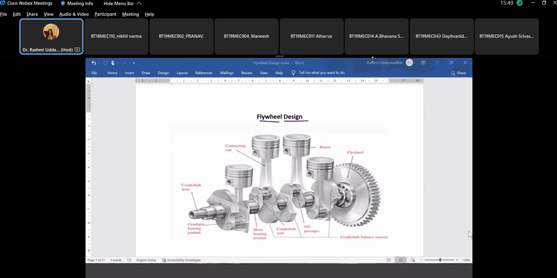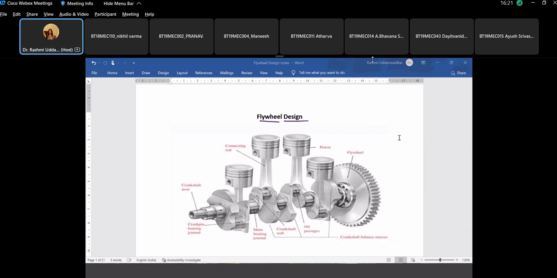What do you mean by a flywheel? Who is roll number 23? No name over there. BT 1923. Yeah, flywheel is a device which stores energy.